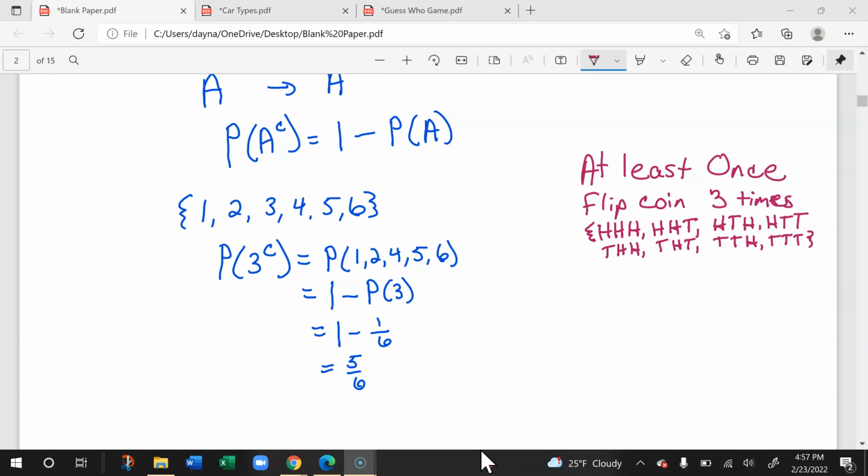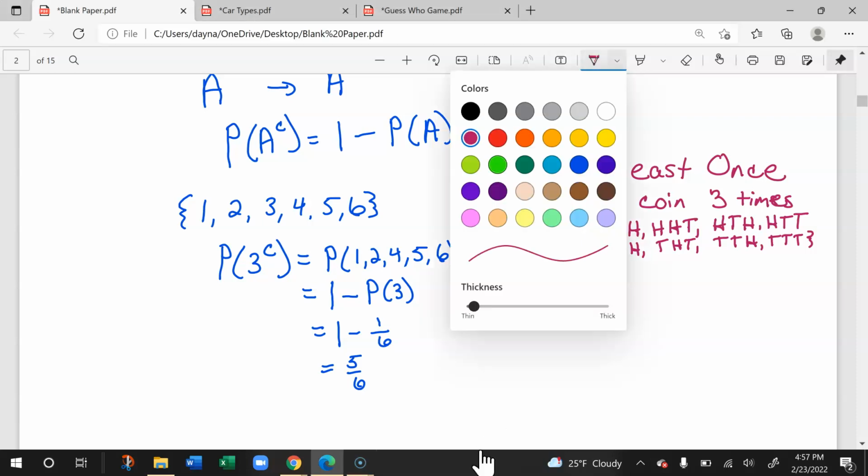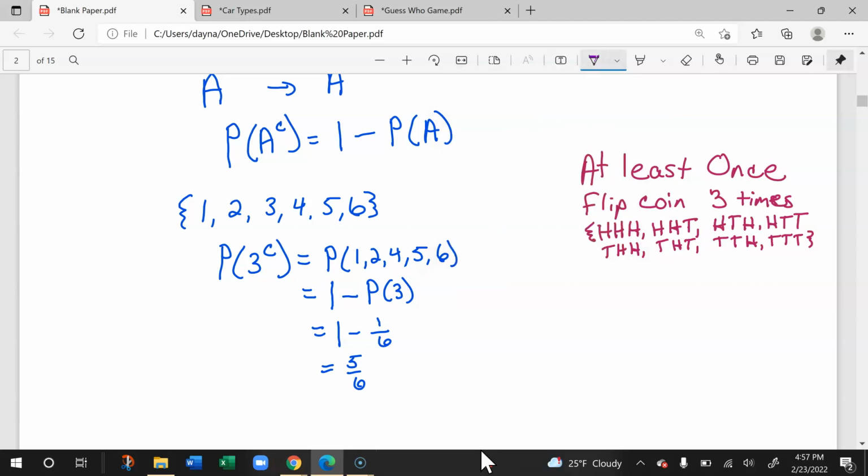So when I look at this and I want the probability of getting at least 1 head. Well, in this case, yeah, I can add those up because at least 1 head means I could have 3 heads, I could have 2 heads, or I could have 1 head.